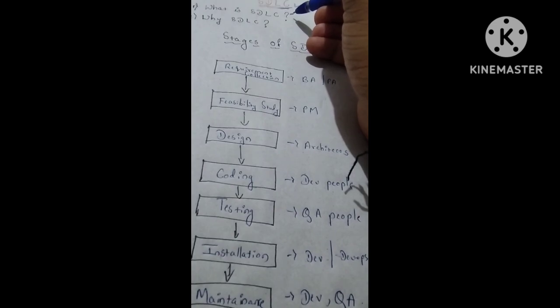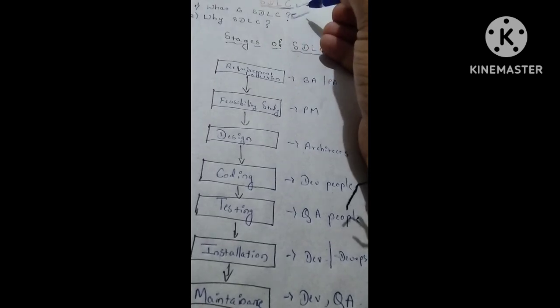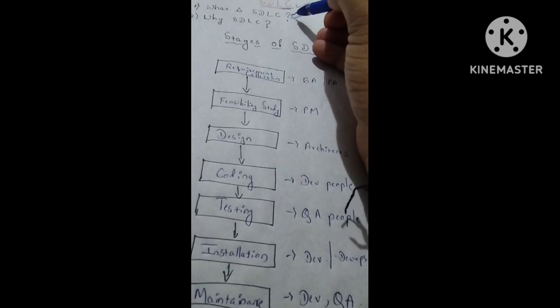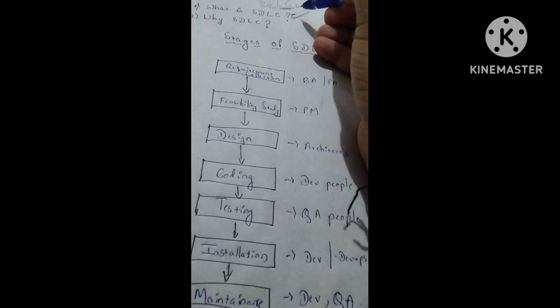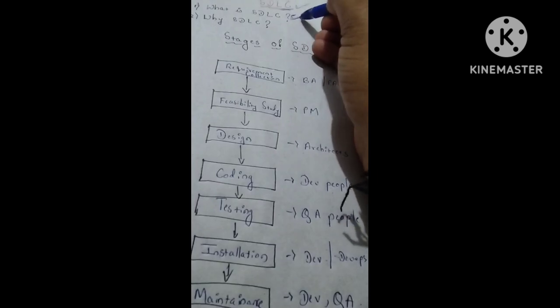It is a very important process. First you need to understand what SDLC is. Software development life cycle means the collection of the requirements till the software or the product is handed over to the particular customer. All the different stages that happen are mentioned under SDLC.